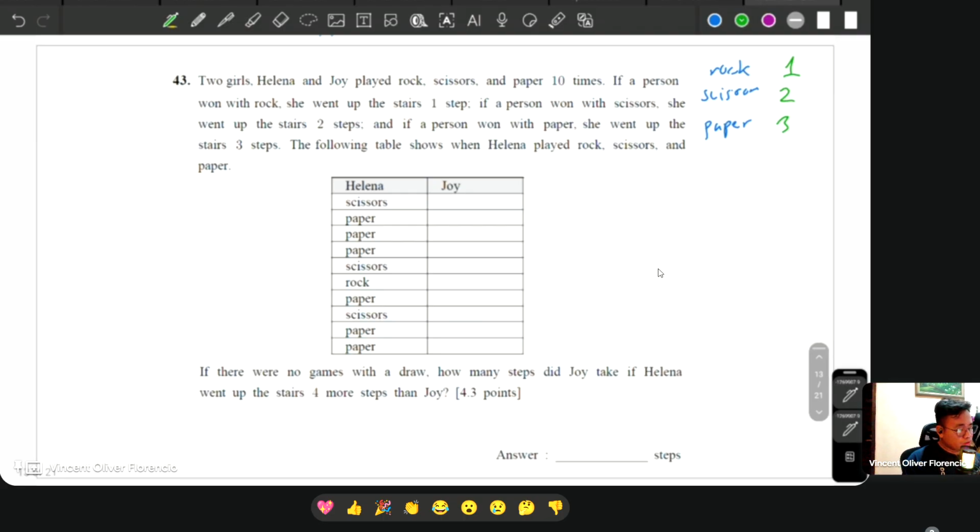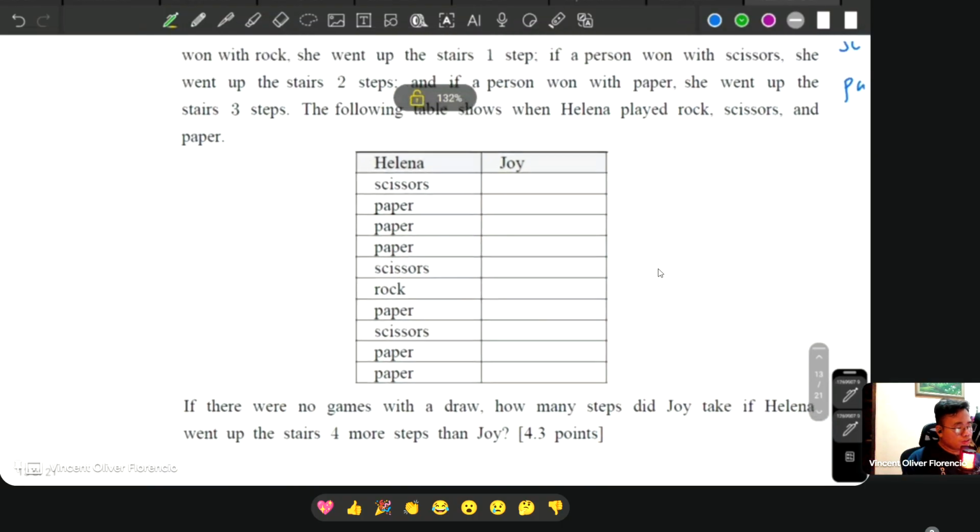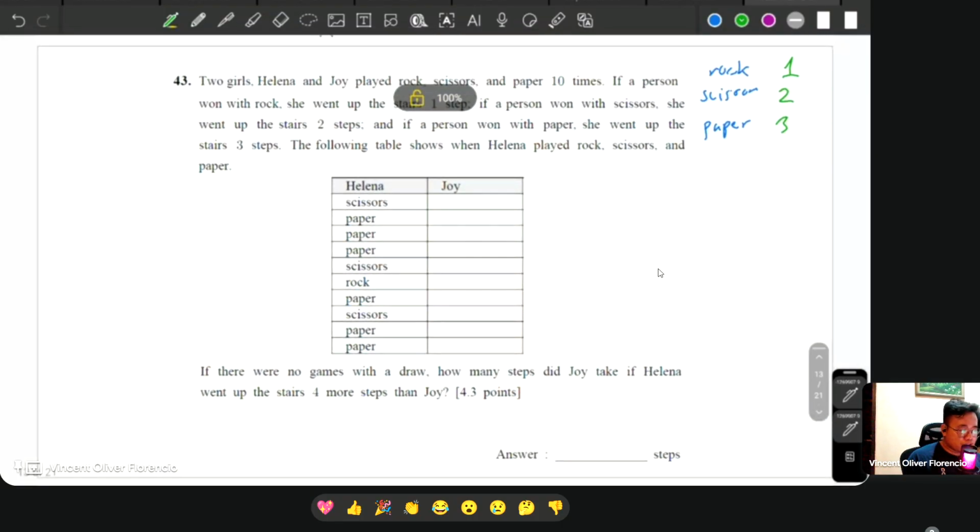Now, let's say, this also mentioned that these are the plays of Helena. It mentioned that they played 10 times. And then it also says that Helena, how many?